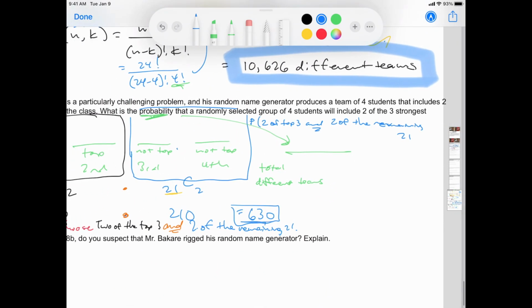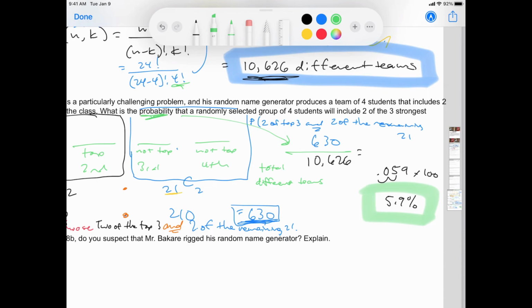So that number is 630. And then the total different teams is above, 10,626. If you put that in your calculator, you will get 0.059. Multiply by 100, you'll get a 5.9% chance.